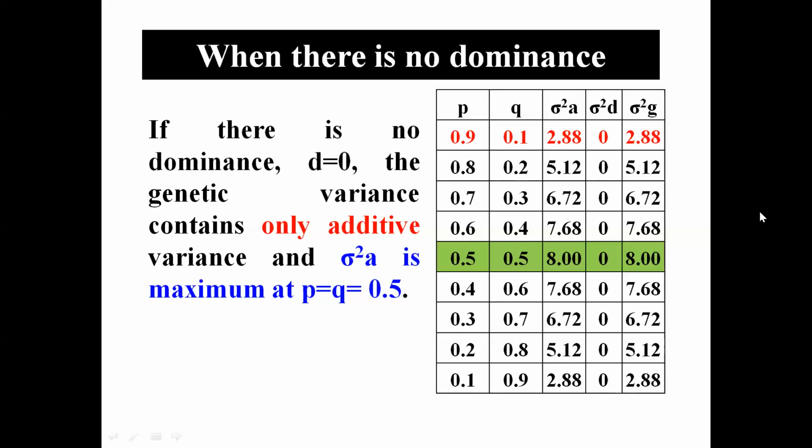So in case of no dominance, additive variance or genotypic variance is maximum at intermediate frequency. And this is general for population genetics. You remember this, that in this situation, these variances are maximum at this.